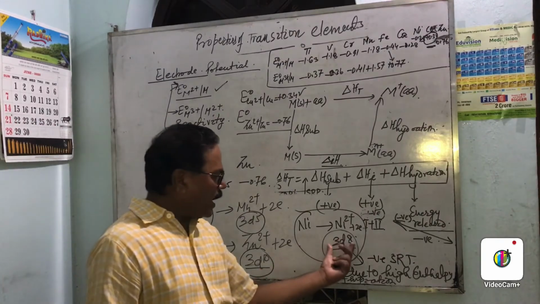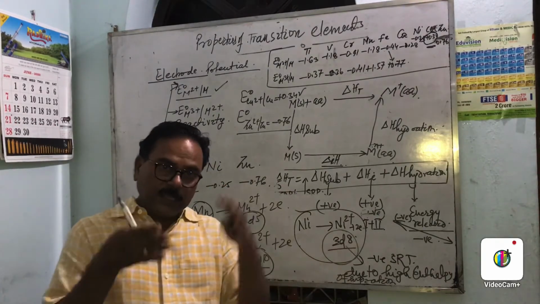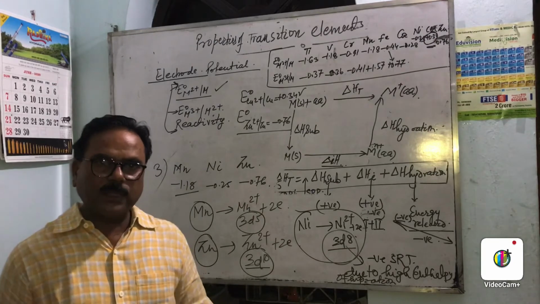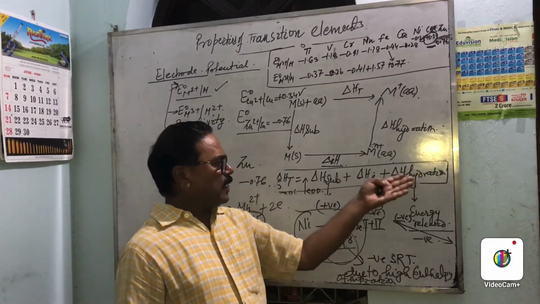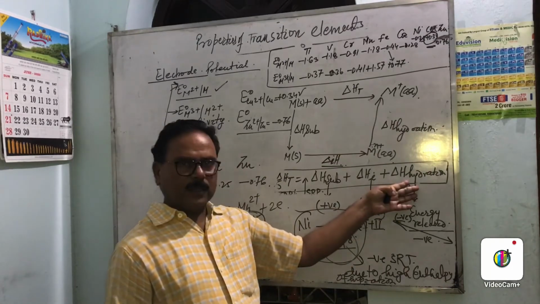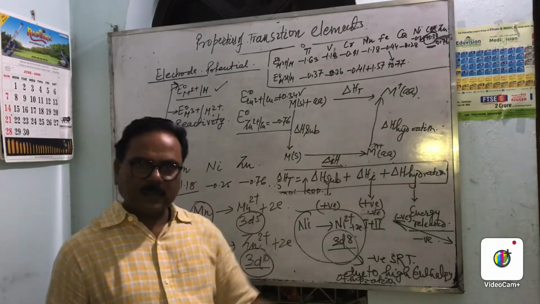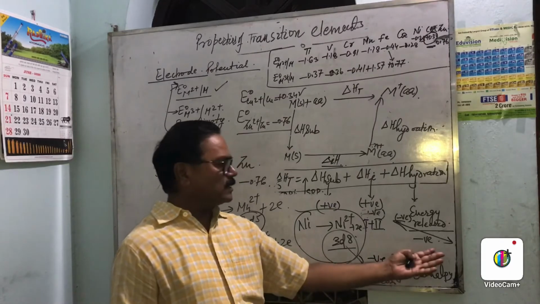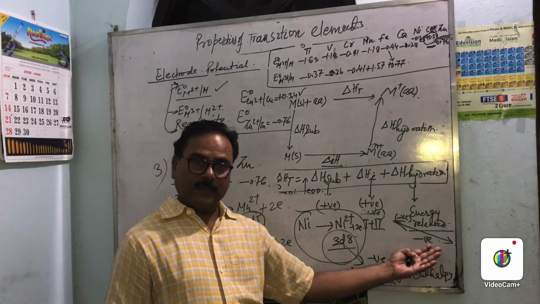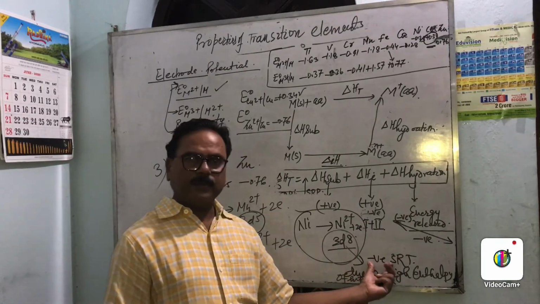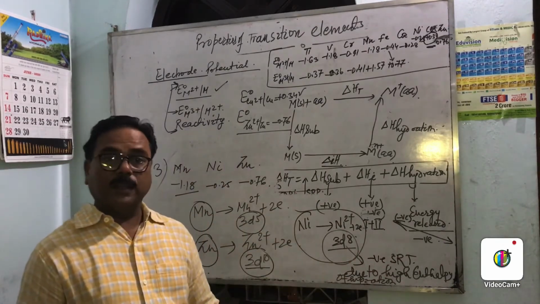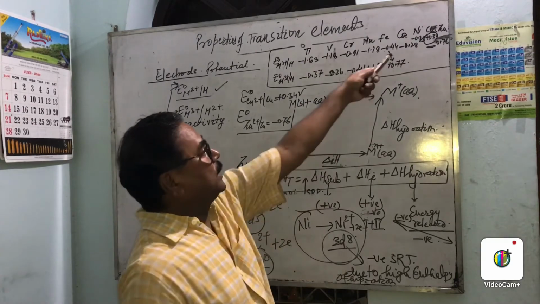Now nickel has no stable configuration. Still the question asks why it will have the negative value. So this depends upon the hydration enthalpy. Due to the more hydration energy, and the hydration enthalpy term is considered negative, that's why nickel will have the negative electrode potential, although it is low.